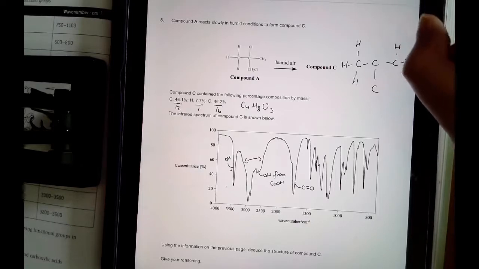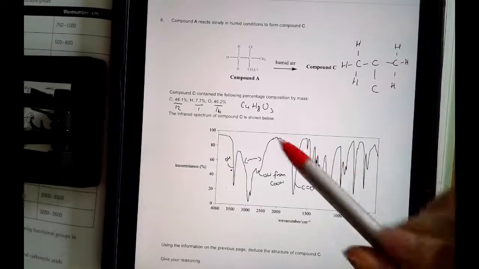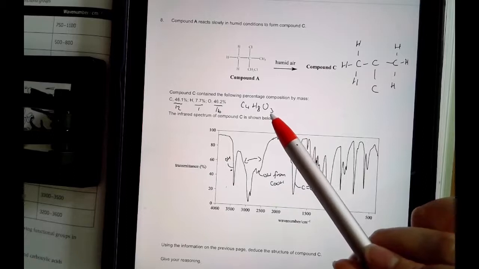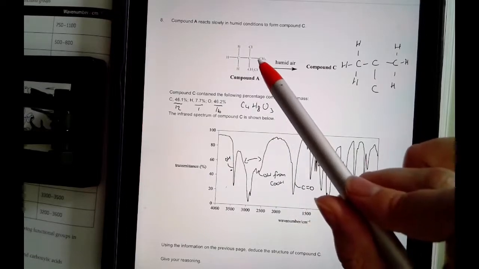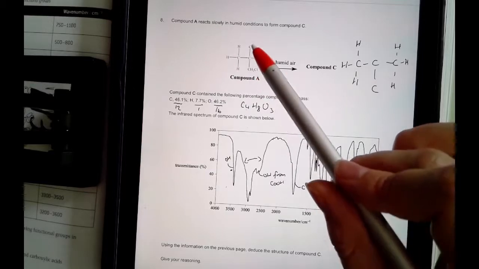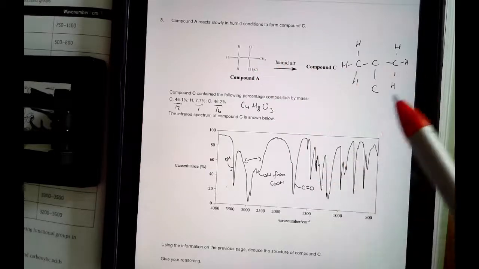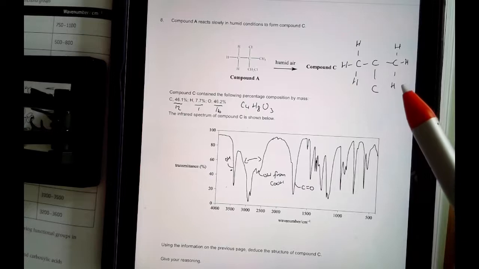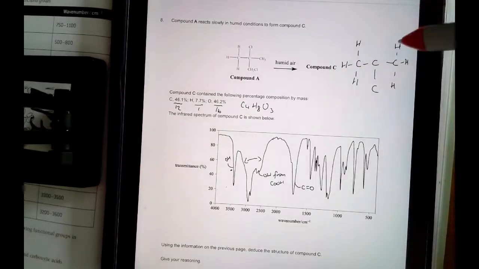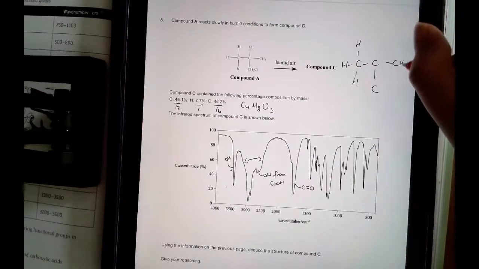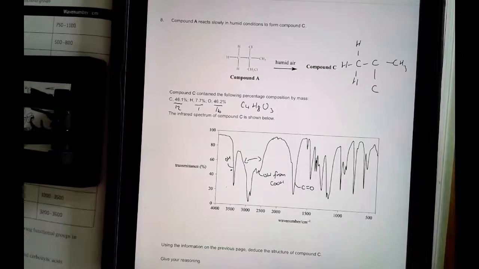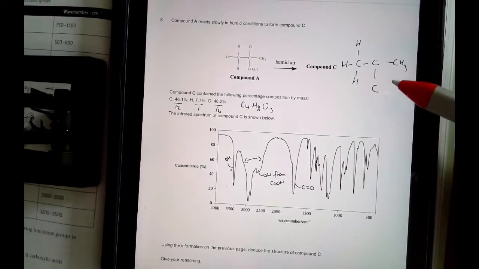I'm not going to draw in the chlorines, because I can see from my empirical formula that those chlorines are no longer there. So I've drawn pretty much the same thing, except I've left off the chlorines. Instead of putting those chlorines in, I now need to get an alcohol group and a carboxylic acid group onto those remaining 2 carbons. Now, I need to decide which way around I'm going to do it.